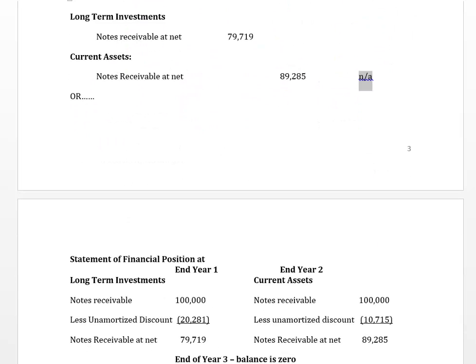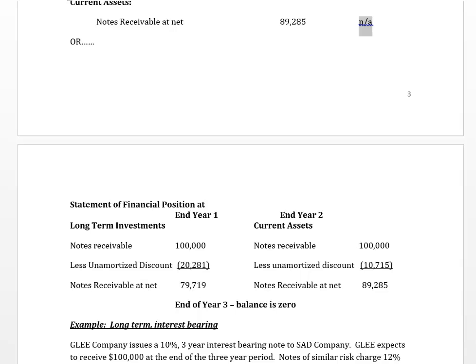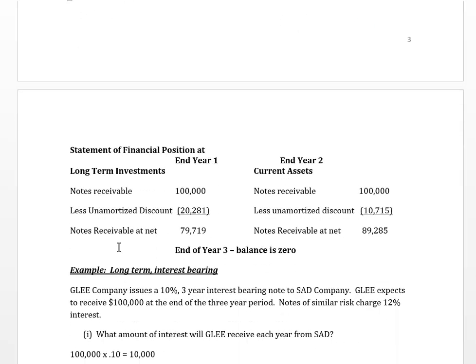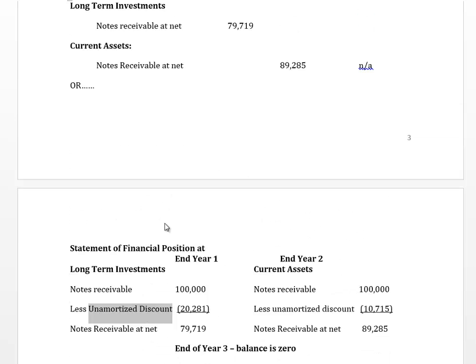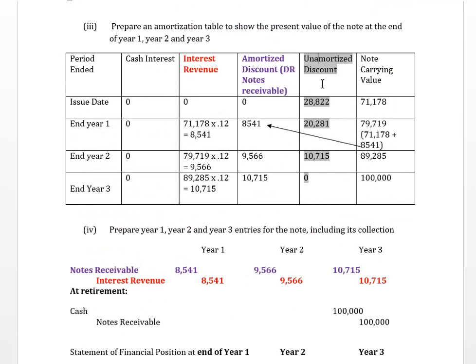Now, if we wanted to do the statement of financial position using the unamortized discount, that's the column we have up here, this unamortized discount column, all we would do is in each year take the note at its ending value and deduct the unamortized discount in order to get the carrying value.